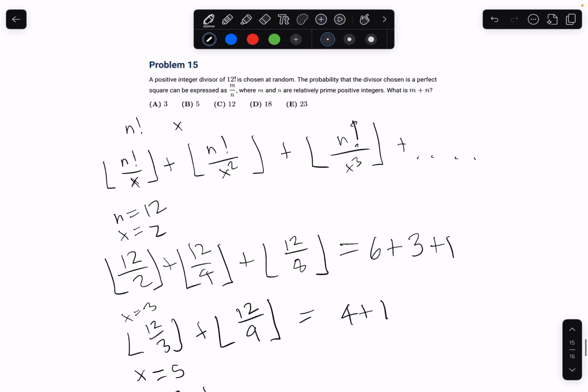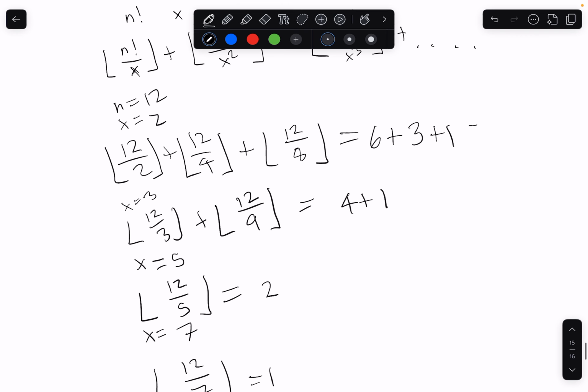So now we can write our prime factorization. For 2 we have 10, and for 3 we have 5. Okay, so we have the prime factorization.